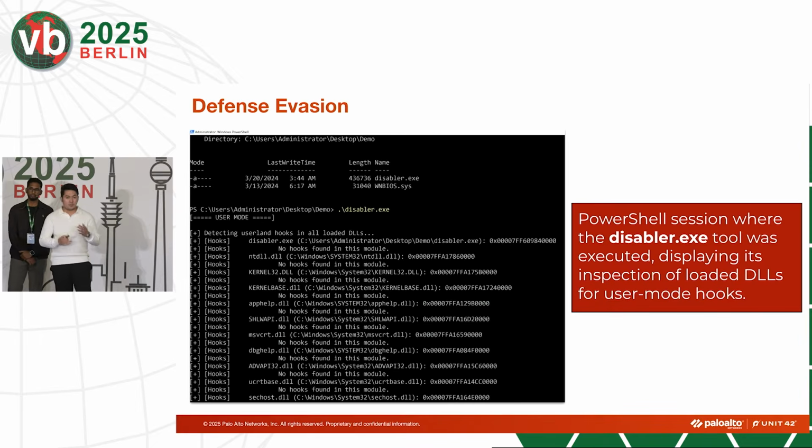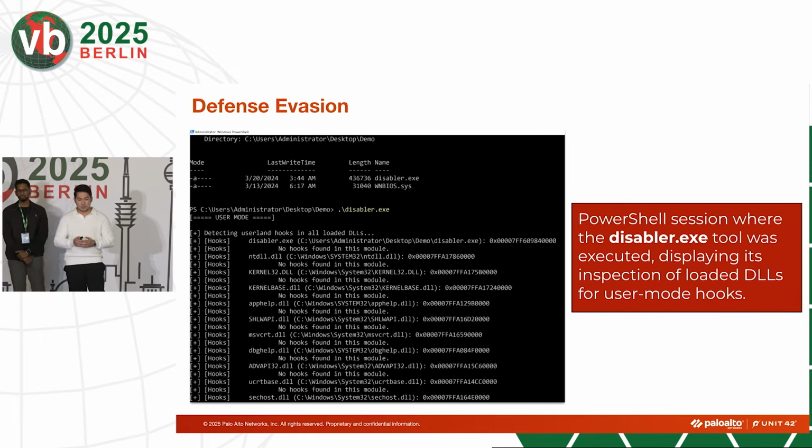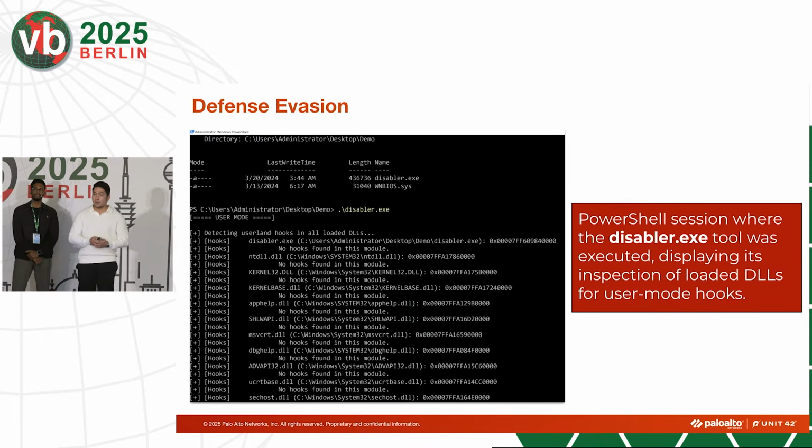You can see that it performs enumeration first and detects the userland hooks created by the XDR platforms. This is the reconnaissance phase, where they map the defense surface of multiple machines.